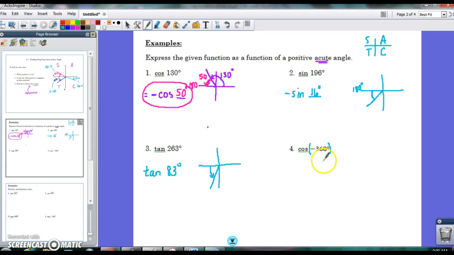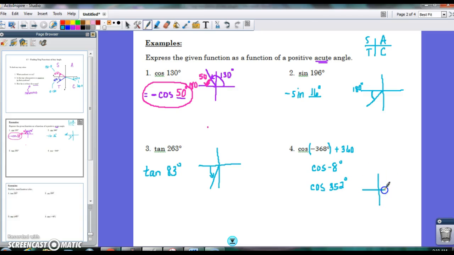If I add 360 to that, I end up with negative 8 degrees, right? So I still have a negative angle, but if I add 360 to that again, I end up with 352 degrees.